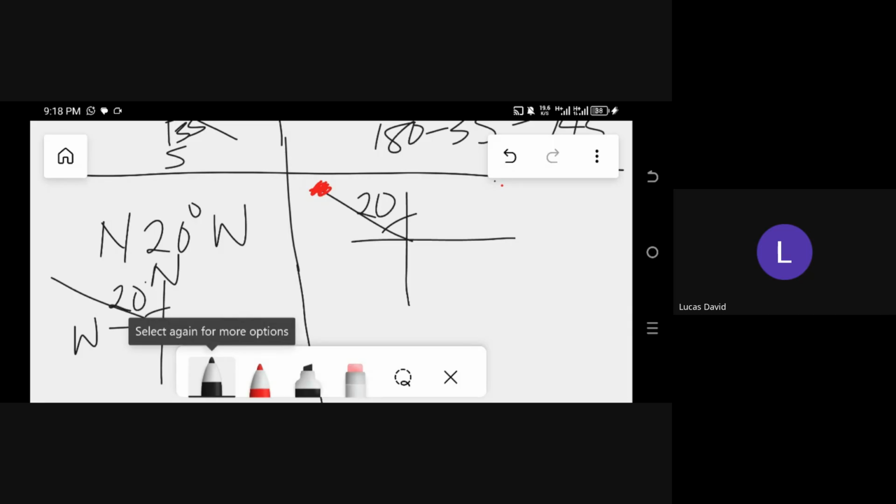But in 3-digit bearing, you only read them from the north until you get to that line where you have to stop. So the 3-digit bearing here, I'll read from my north. I'll continue to go until I get to this line before I stop.